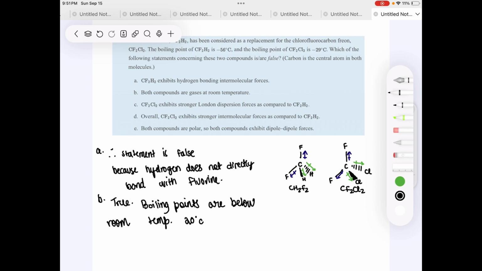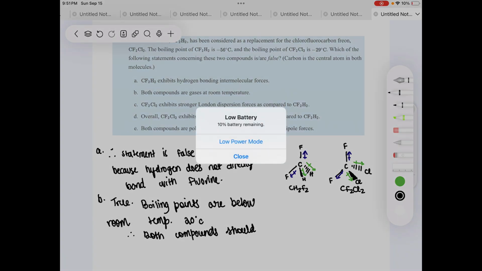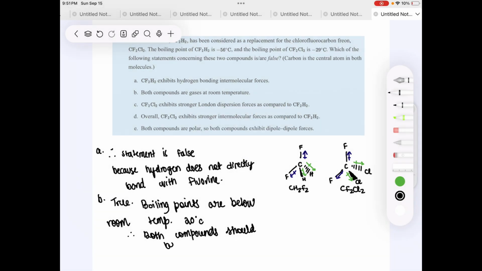Therefore, both compounds should be gases at room temperature.